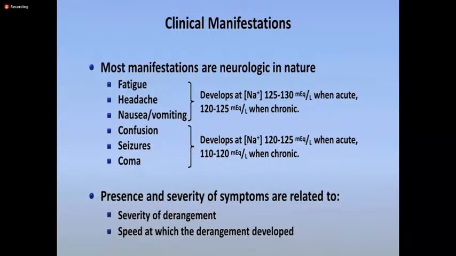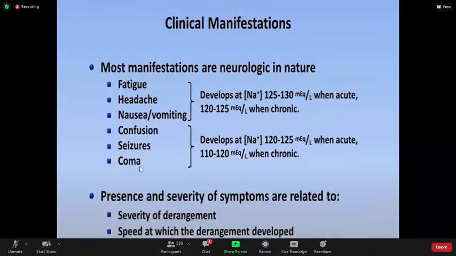So for example, a patient who has chronic hyponatremia will only develop mild symptoms of fatigue, headache, nausea, vomiting, once the serum concentration of sodium falls to around 120 to 125, whereas the concentration will be higher if this is happening in an acute setting.